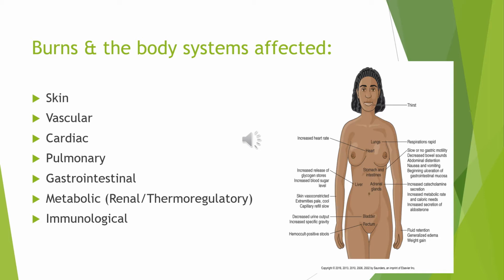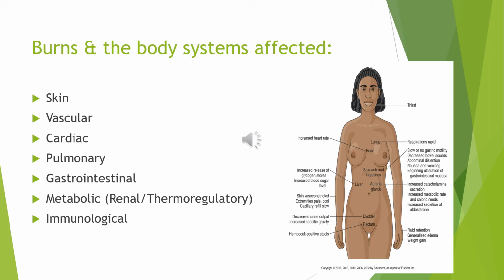Thermoregulation, again, our skin helps us to maintain our body temperature. So with loss of that, we're going to see problems with our temperature. Our core temperature is going to increase as a loss of heat through the burns, and then also we may have patients that have low-grade fever with that. And then immunological, again, we've talked about that. It is our protective barrier.